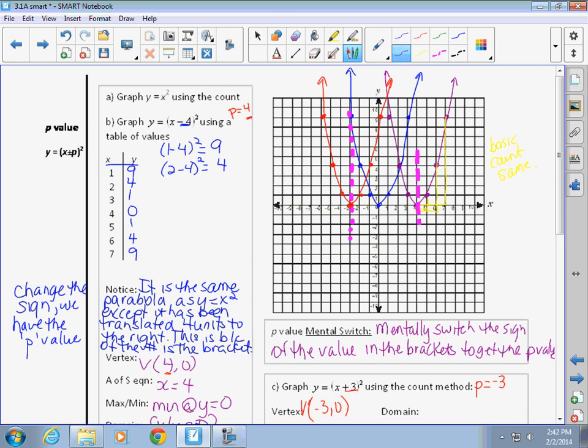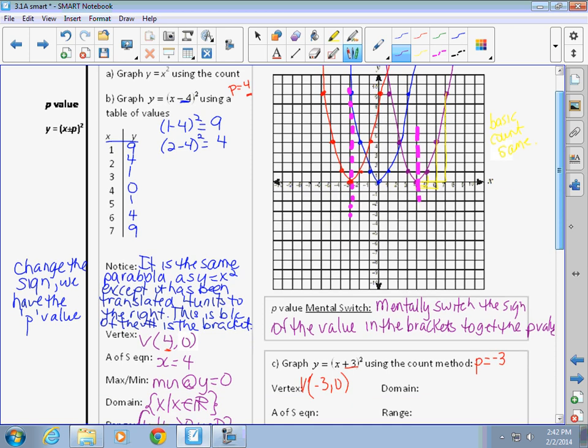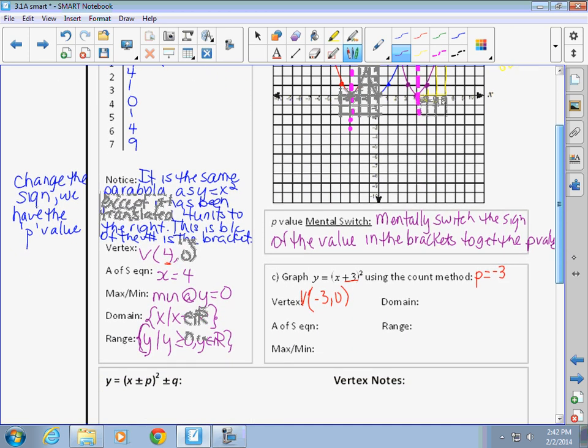So what do I notice? My axis of symmetry now is going through that -3. -3 was my p-value. So axis of symmetry is at x is equal to -3. Maximum or minimum? Well, my graph is going up, so I have a minimum.